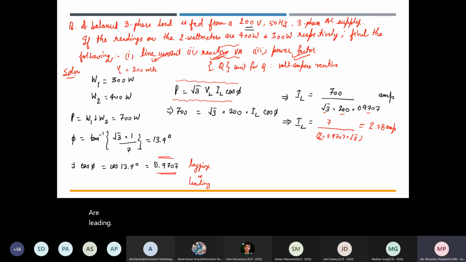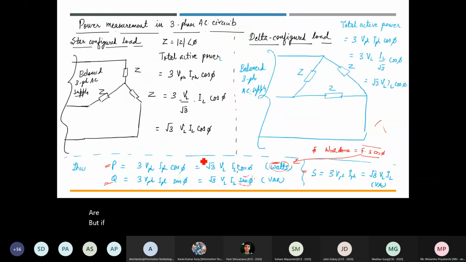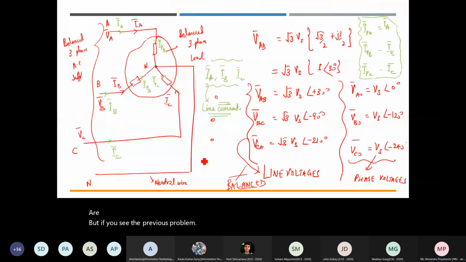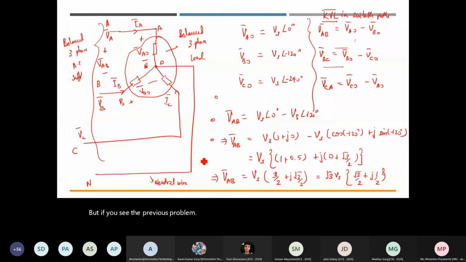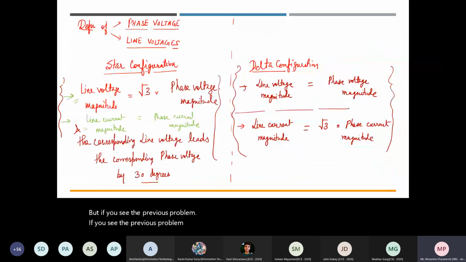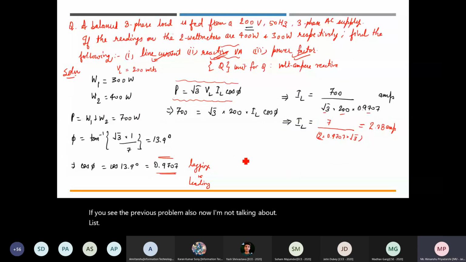But if you see the previous problem also, I'm not talking about lagging or leading. Why?